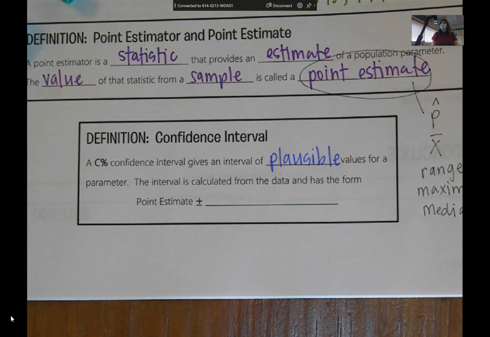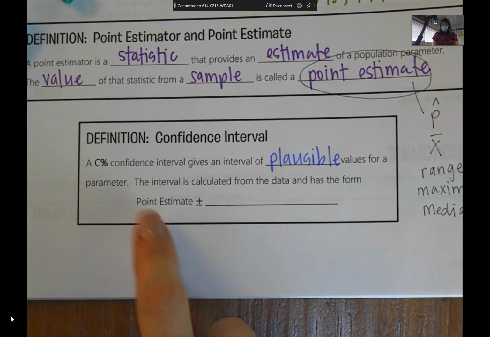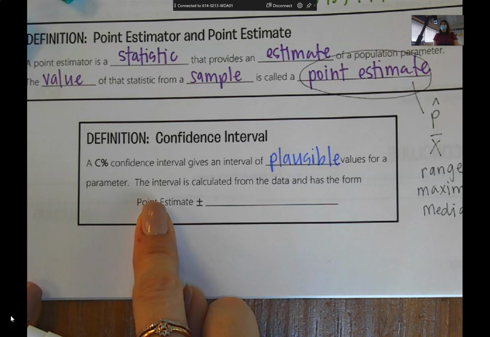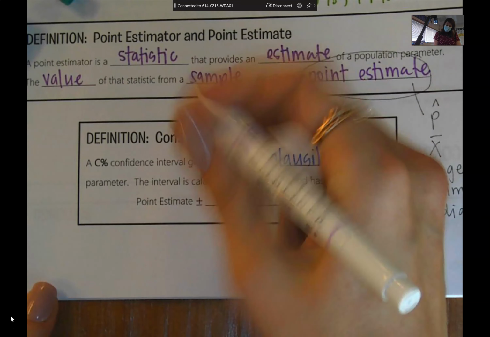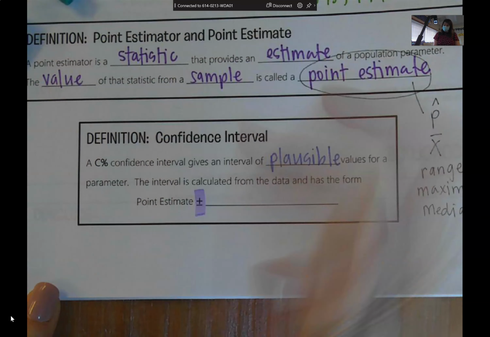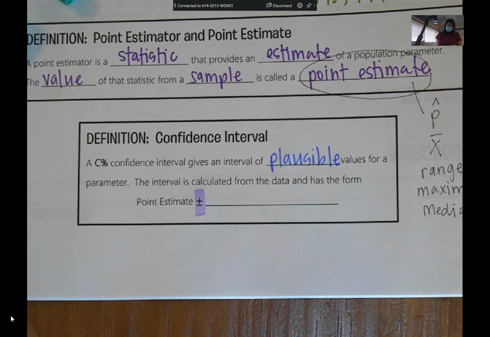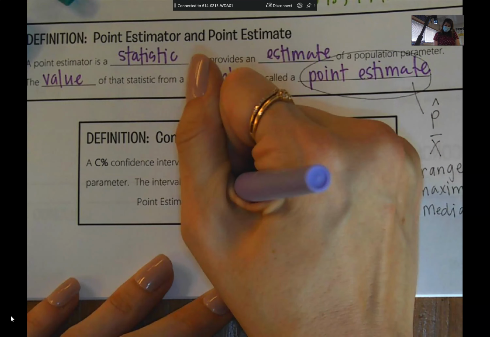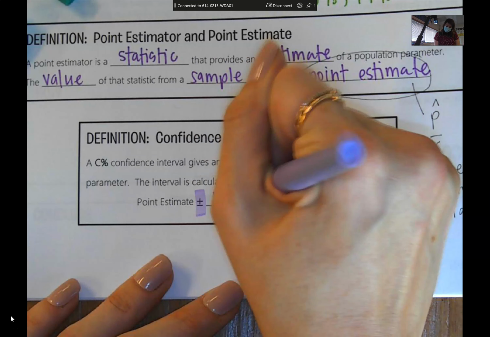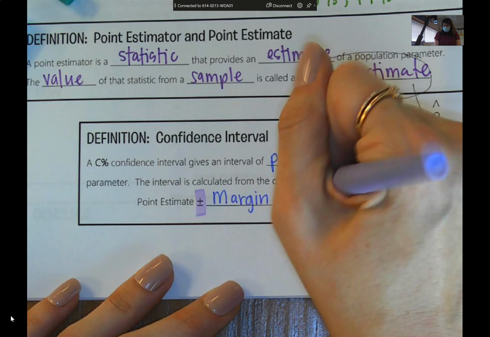The interval is calculated from the data we collect, and it has the form: your point estimate, plus and minus this new thing called your margin of error.